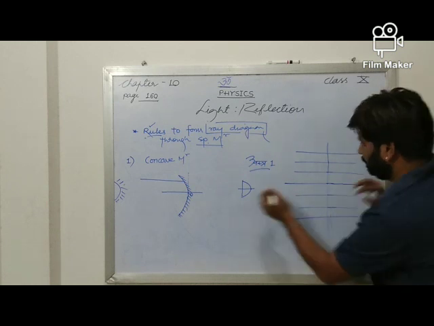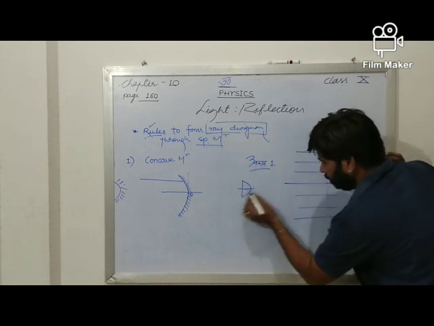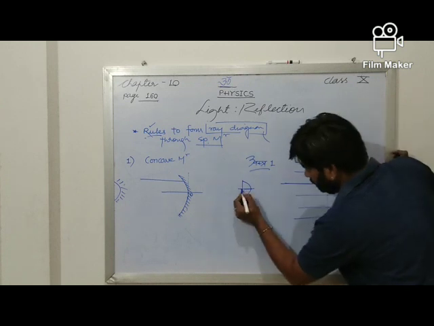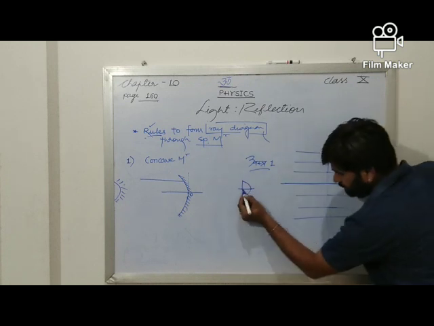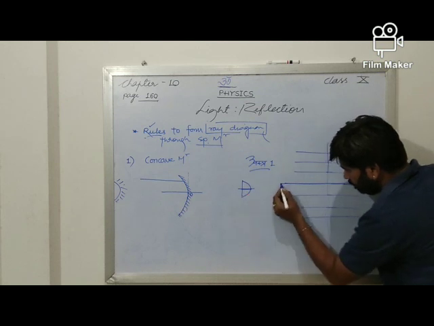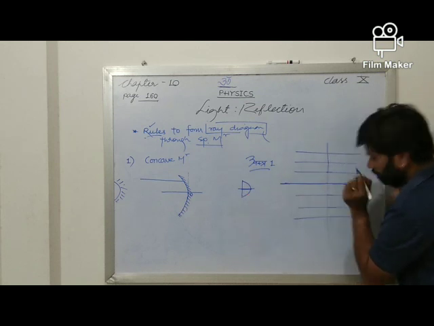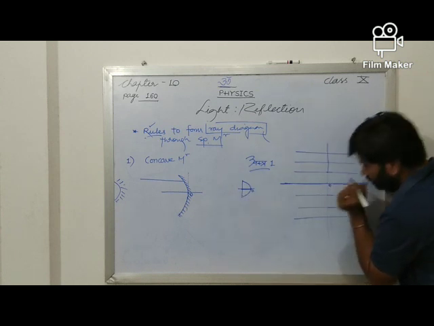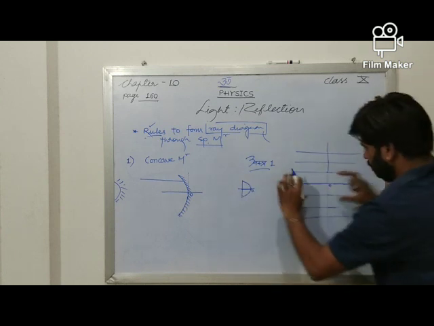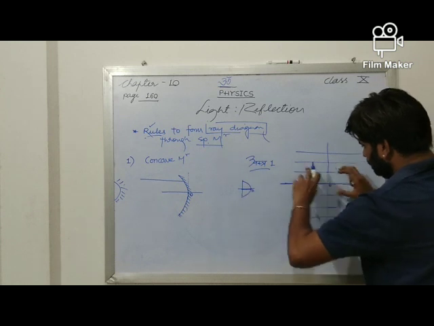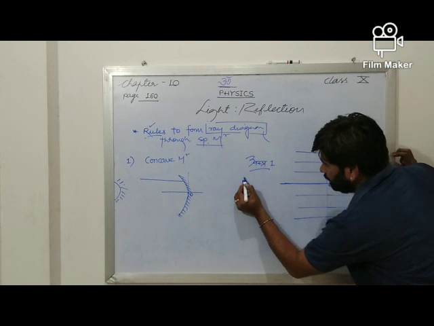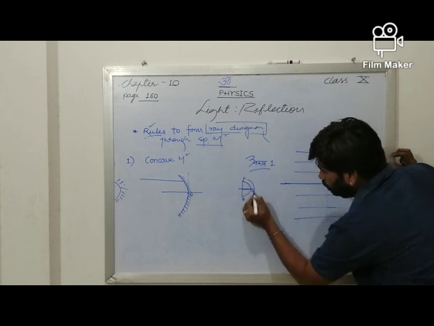This particular line should coincide with this particular line. I am repeating, this line should coincide with this particular line. This particular point O should be at this particular O. Now when this is set here like this, you have to cover this from P to Q through here.